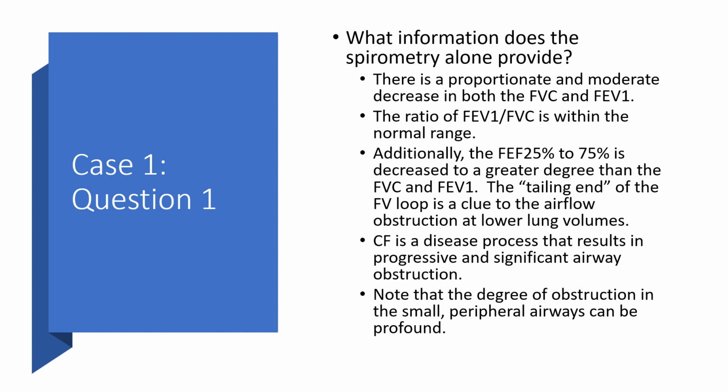Think about what happens at lower lung volumes: that's the gas being exhaled from the peripheral airways. So CF is a disease process that results in progressive and significant airway obstruction. And note that the degree of airway obstruction in the small and peripheral airways can be more profound. That's just something inherent in the disease.